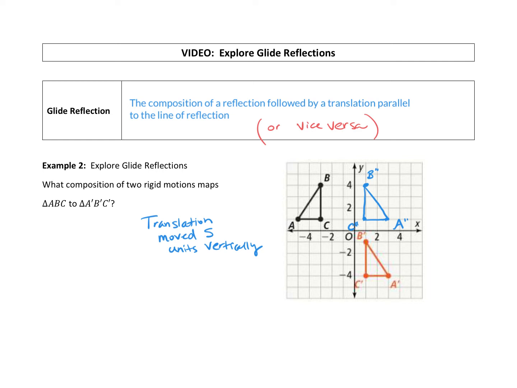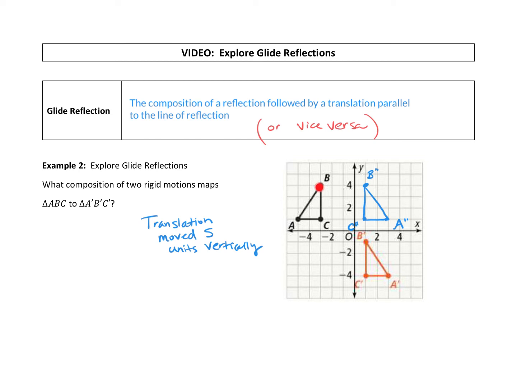So that's one easy way. Sometimes you can just visually see reflections, but if you weren't sure, just say, all right, A to B to C goes this way. If A double prime to B double prime to C double prime goes in the opposite direction, that is a reflection. Now to find the line of reflection, the line of reflection is going to be halfway between each corresponding point.